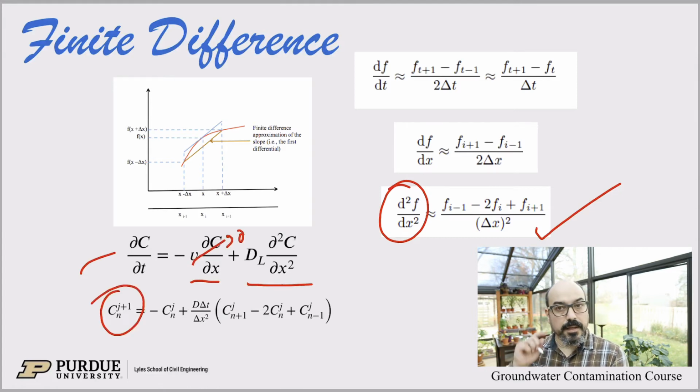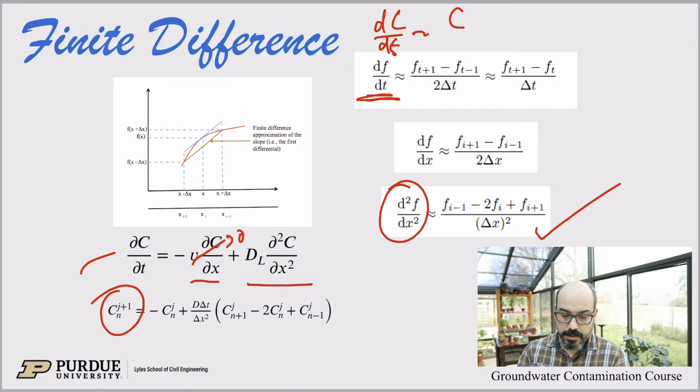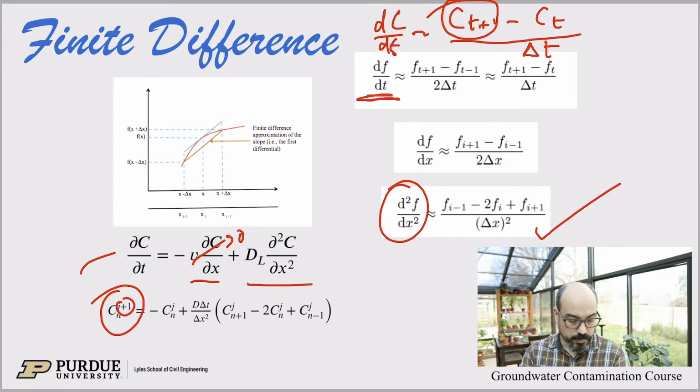We can represent C by difference here. So dc dt is C at t plus 1 minus C at t over delta t. Here we're going to keep C at t plus 1 on the left-hand side because that's what we want to know, right? We want to know the concentration at the next time step, and then in the future, eventually.